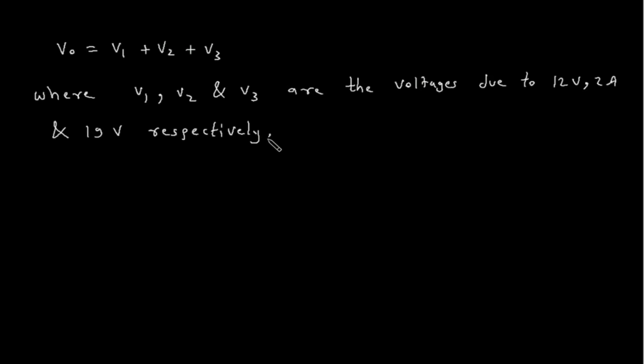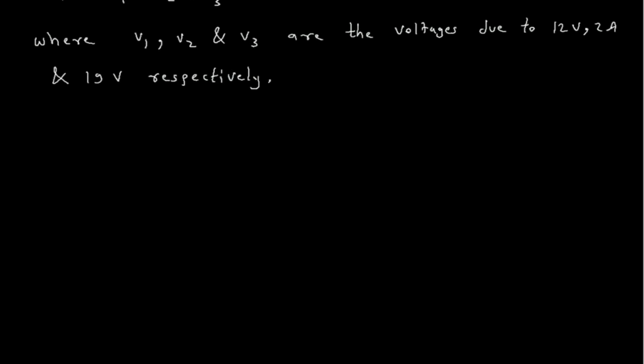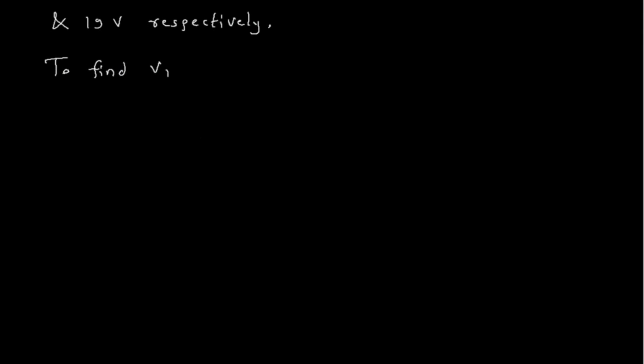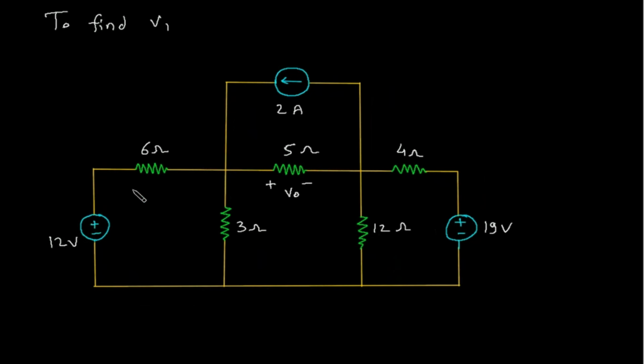So to find V1, we will consider this 12 volt and turn off all other sources.